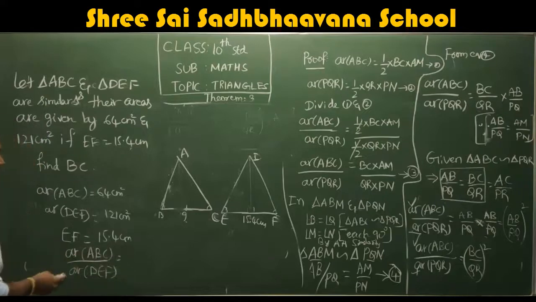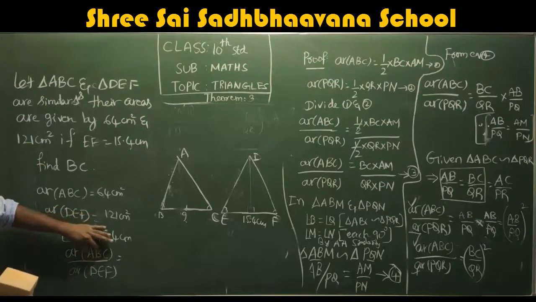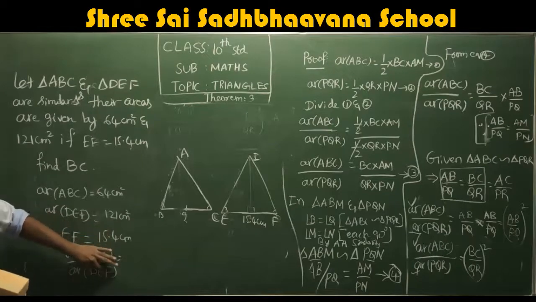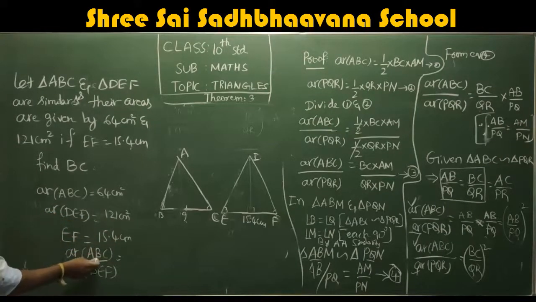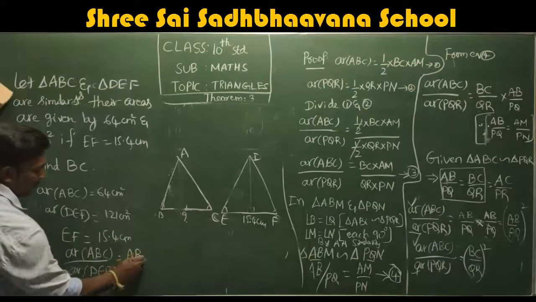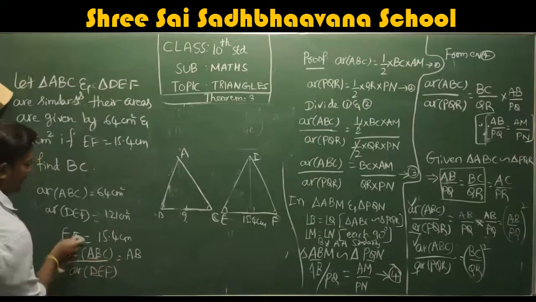Look at this, how can you take the corresponding sides? I will tell you an easy method: AB by DE, BC by EF, AC by DF. Go in an order. AB, what is the corresponding? DE, correct?